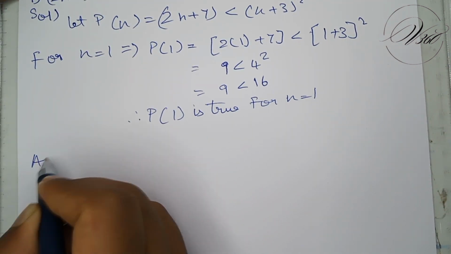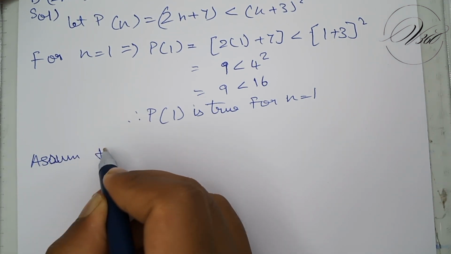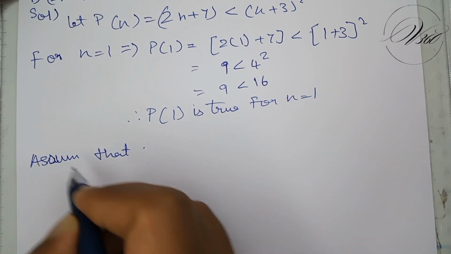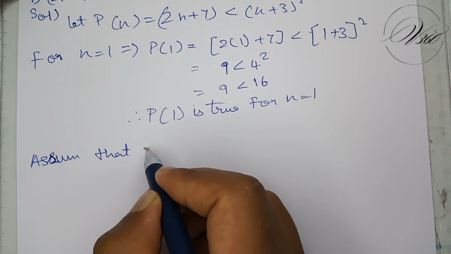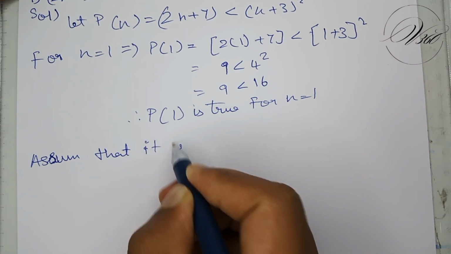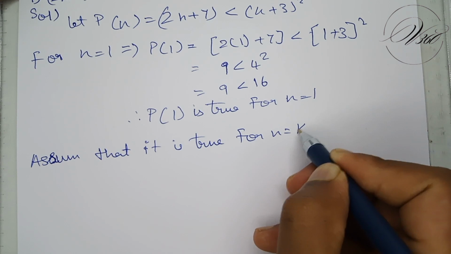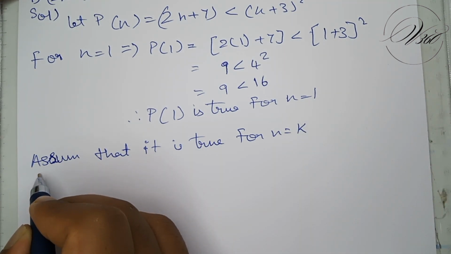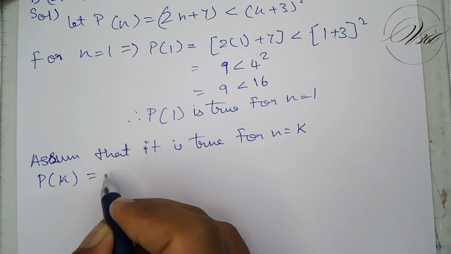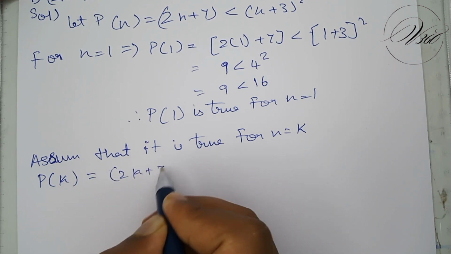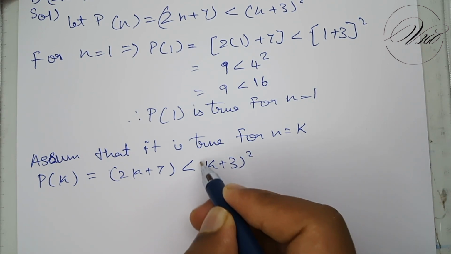Now let's assume that it is true for n is equal to k. Now here P of k is 2k plus 7, which is smaller than (k plus 3) whole square.